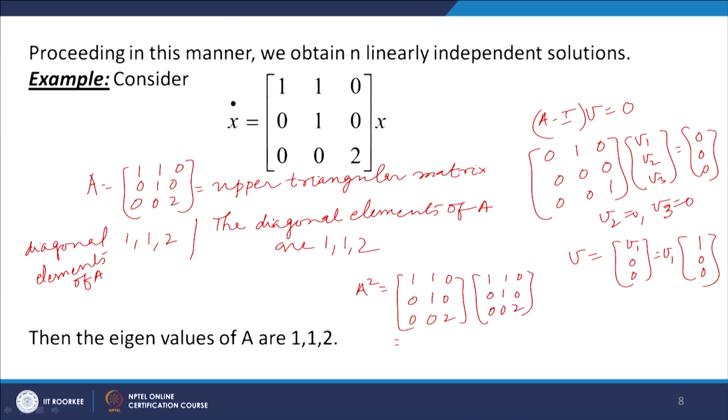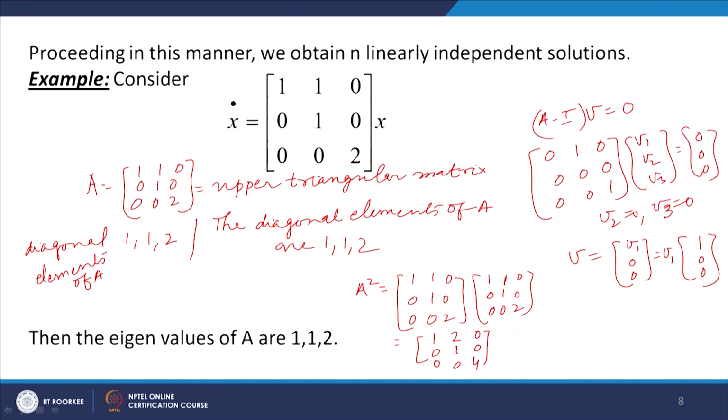So, what you get when you multiply is 1 1 2, 0 1 0, 0 0 4.